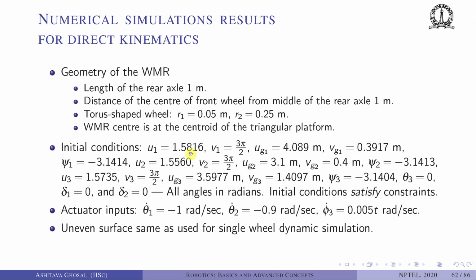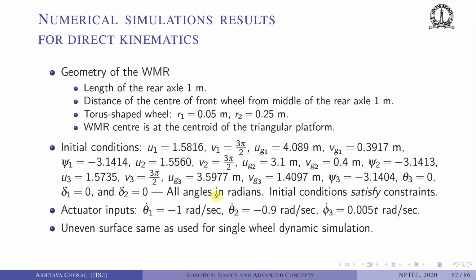Okay. We choose a set of initial conditions. So U1 is 1.5816, V1 is 3.35 by 2, and so on. So these tell you where the point of contact is initially between the three wheels and the ground, and what is the location of the x-axis between each wheel, ground contact point, the angle psi, and also all the tilt angles.